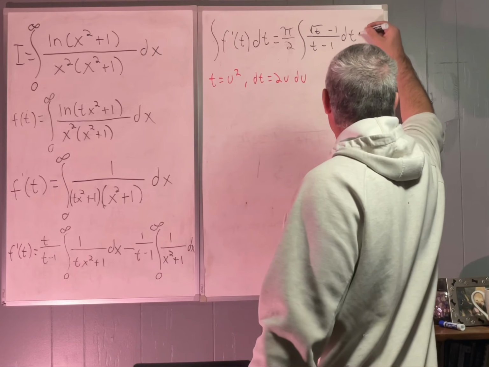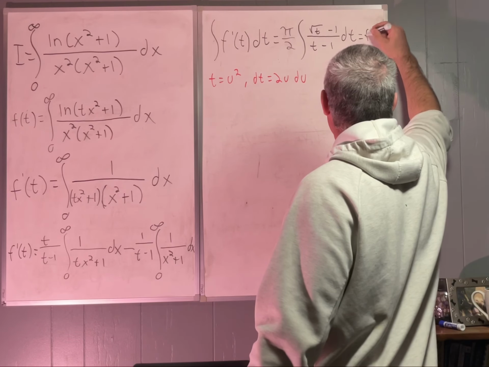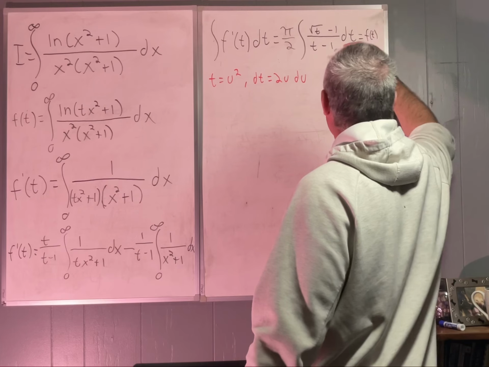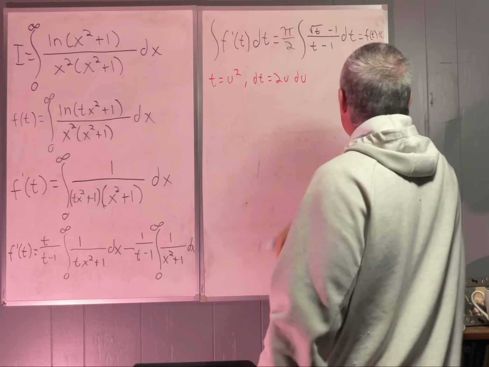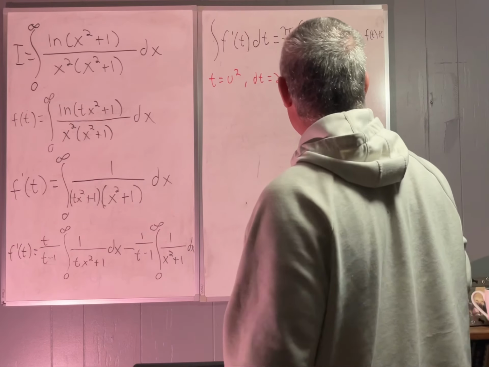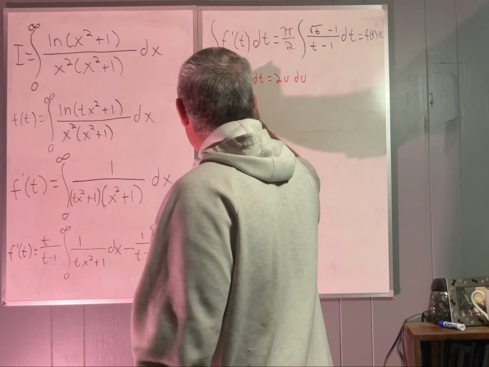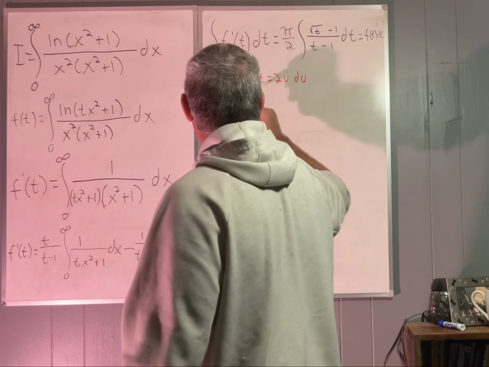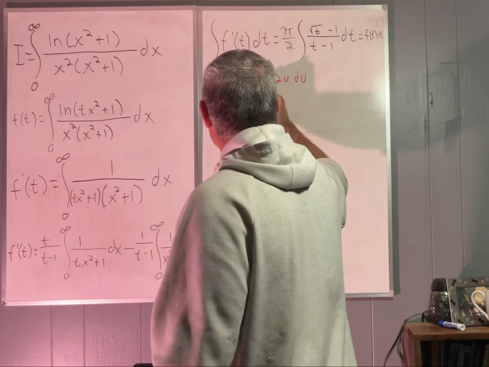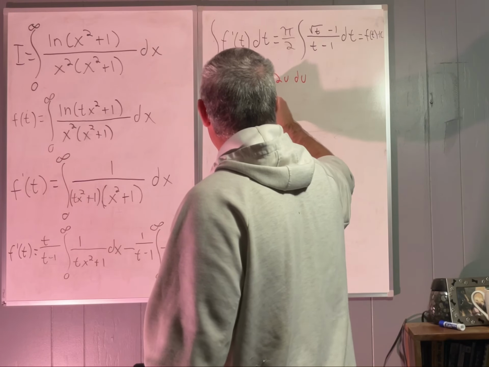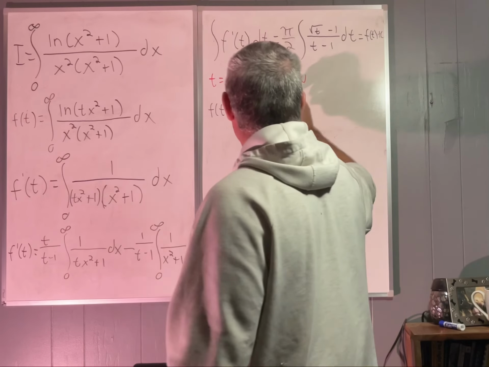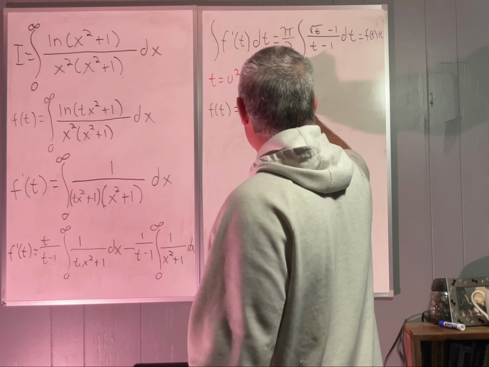Oh, and this, of course, will be equal to f of t, and then you'll get a plus c. Let's see. F of t is now equal to pi over 2. Now we're going to insert our substitution.